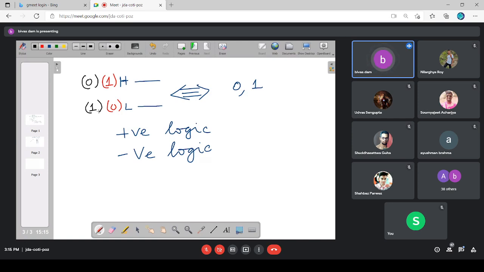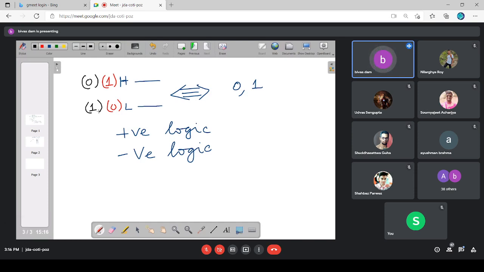These positive logic and negative logic are basically two different concepts. In the positive logic concept, we associate the physical world high voltage level or high current level to the logic 1 value in the logic domain.